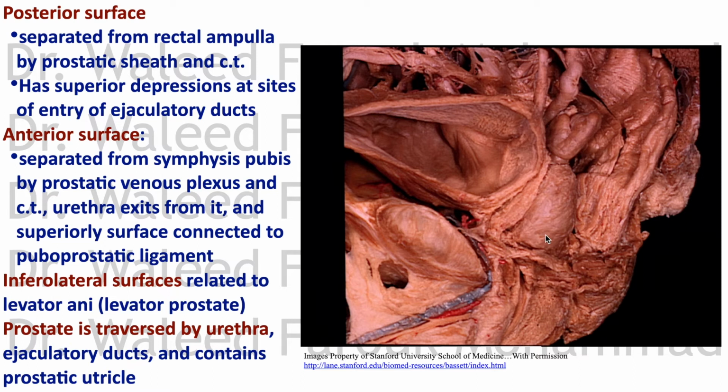This will be related to this area. And the prostate is traversed by the urethra from the neck of the urinary bladder, and traversed also by the ejaculatory ducts, and contains the prostatic utricle, the one we will talk about now in the coming slides.